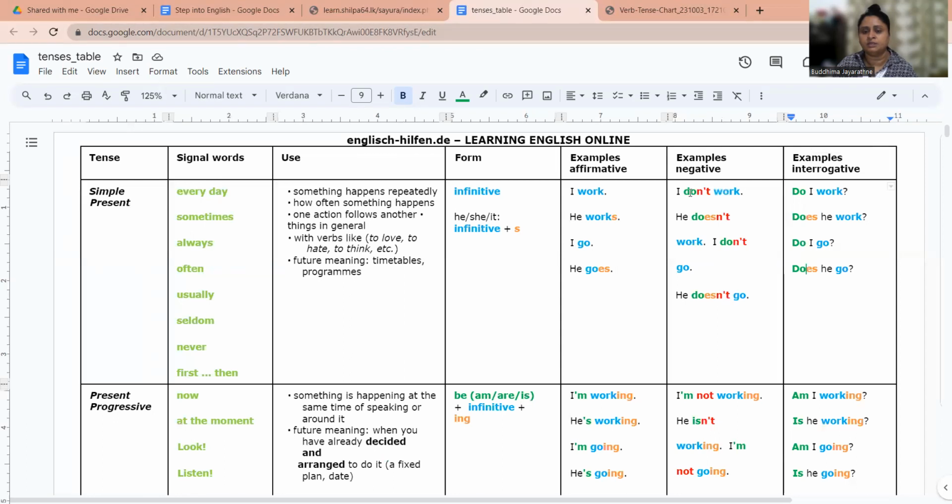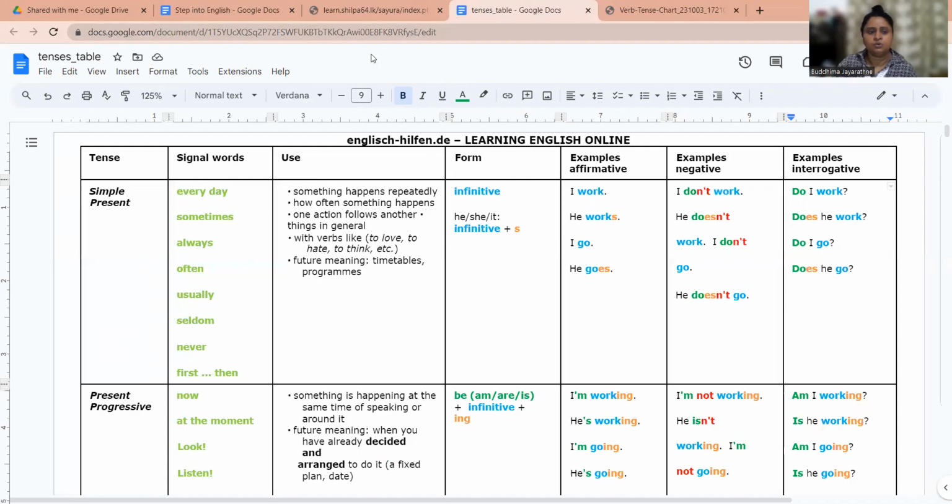We learned the auxiliaries when we were learning about the verbs. You take this verb to the front. That is the very first word that you are writing, and you start with a capital letter. So you say, do I work? And then, does he work? Do I go? Does he go? So that is how you make the interrogation or the question.